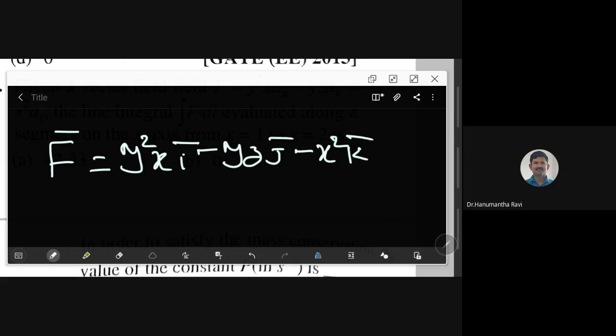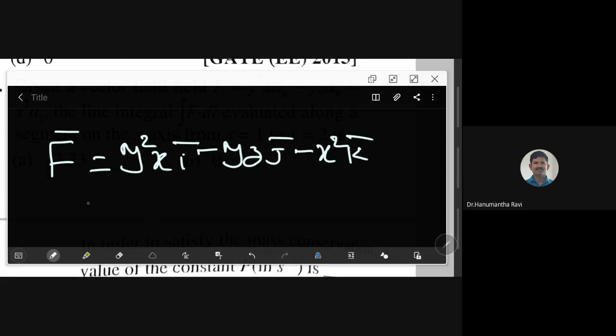If I take it like that, the line integral needs to be evaluated along the segment on the x-axis from x equal to 1 to 2. So what is my r bar?